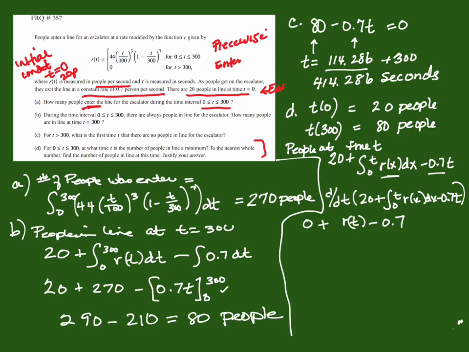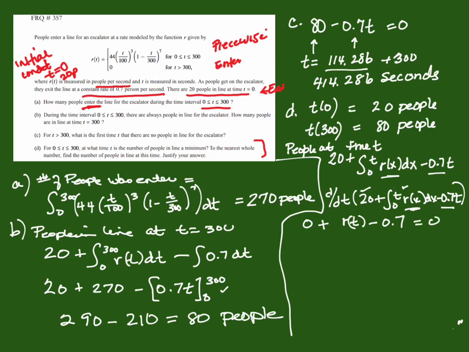Taking the derivative piece by piece, the derivative of 20 is 0. The derivative of an integral is just the original function at that point, so the t goes in place of the x. And the derivative of 0.7t is 0.7. So now we set that equal to 0.